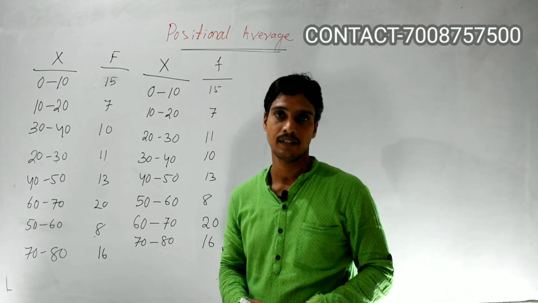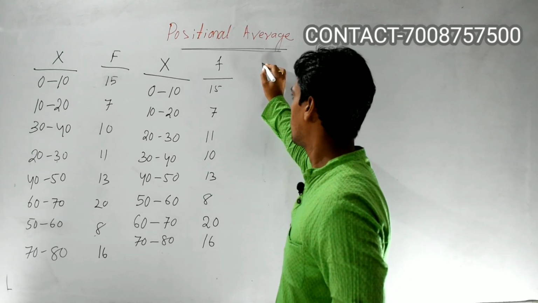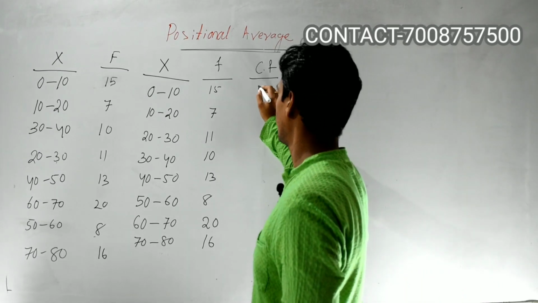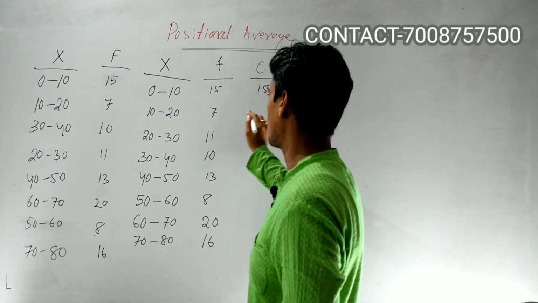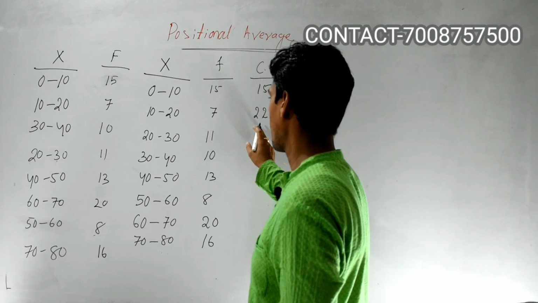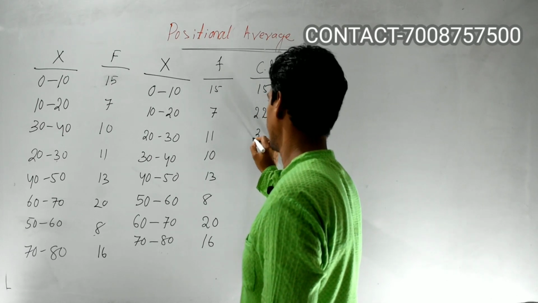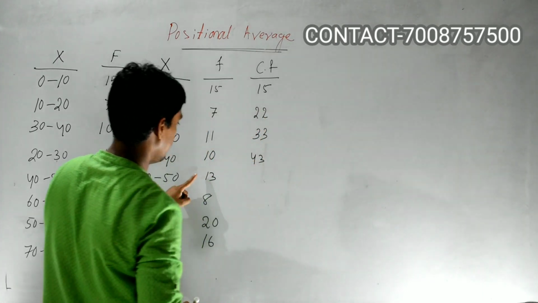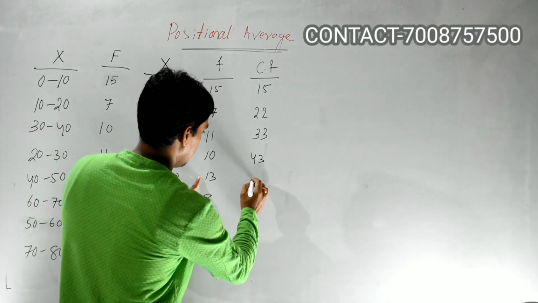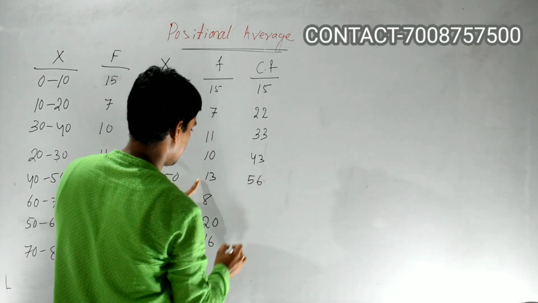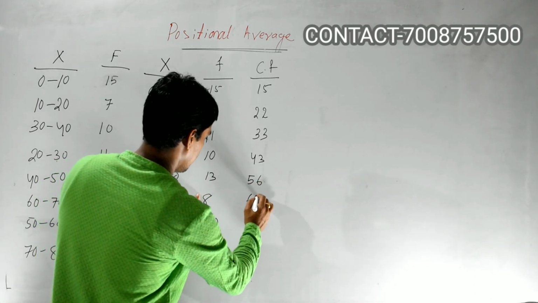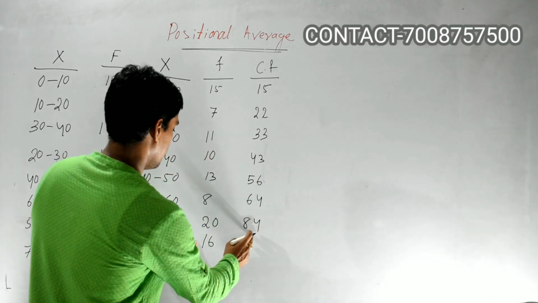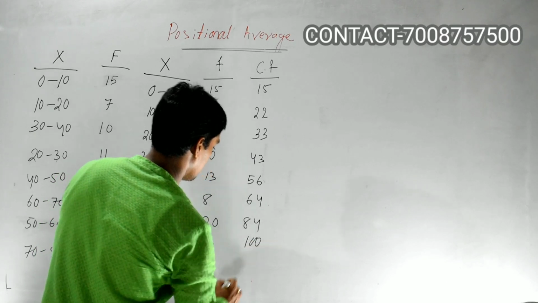The next step is to find our cumulative frequency, that is 15, 15 plus 7 is 22, 22 plus 11 is 33, 33 plus 10 is 43, 43 plus 13 is 56, 56 plus 8 is 64, 64 plus 20 is 84, 84 plus 16 is 100.